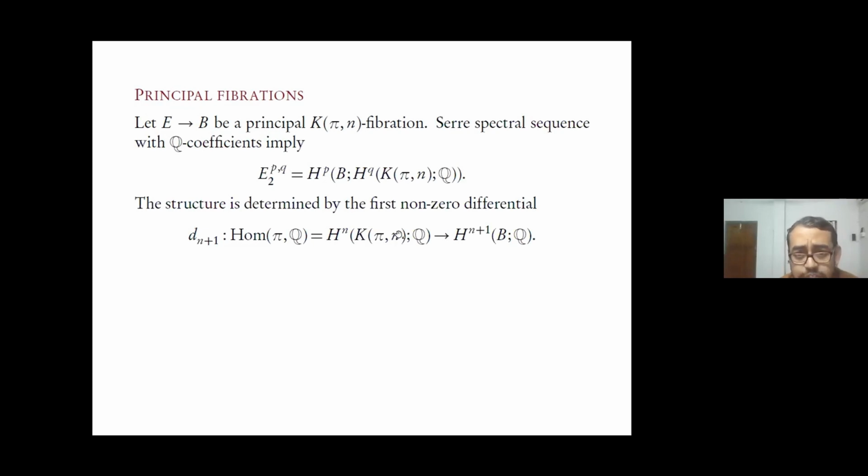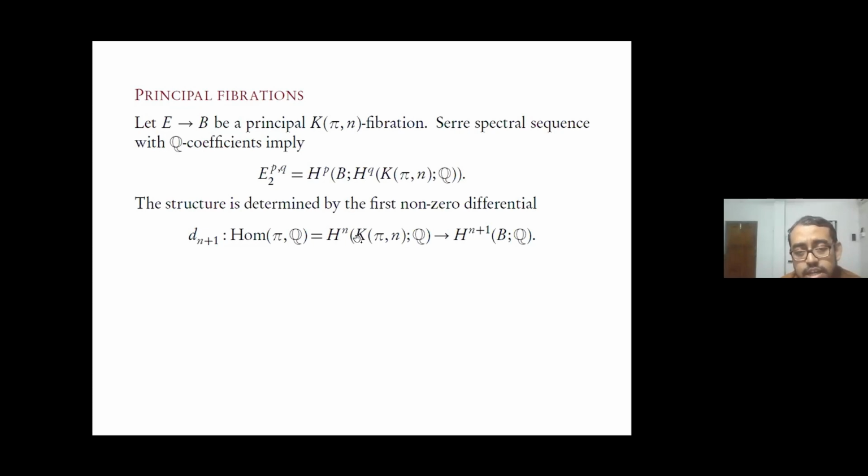Why? Because you see this space is n minus 1 connected. So it has no homotopy groups up to n minus 1, and hence no homology and cohomology up to n minus 1. So this is the first non-zero cohomology group of K(pi, n), and so this is the first non-zero differential that you have to worry about. But what is this thing?